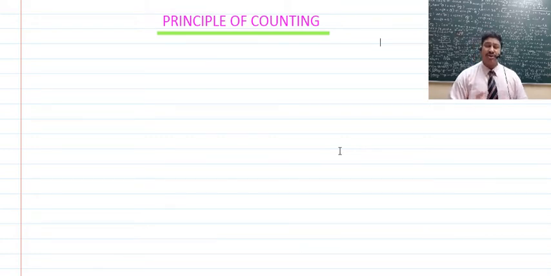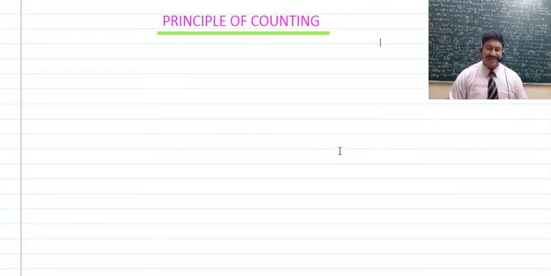Now the task can be done by choosing a bowler, either a fast bowler or a spin bowler, and the number of ways will be given by m into n, and here in this case it will be 4 into 3 ways, right? So this is known as the fundamental principle of counting, or the principle of multiplication also, because multiplication is the mathematical operation which we are using in this principle of counting to come to a result, right?